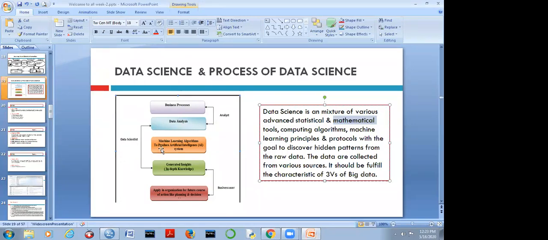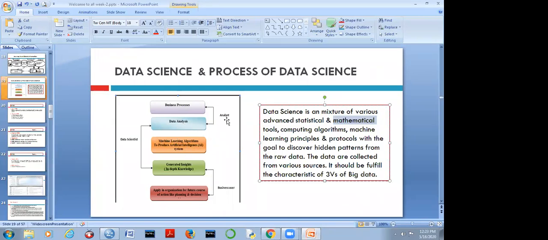And what is data science? Machine learning algorithms to produce artificial intelligence systems. When this is fulfilled, machine algorithms are developed and produce artificial intelligence in a machine. That means the analytical role is now performed by the machine.